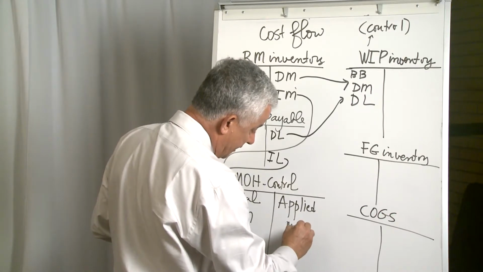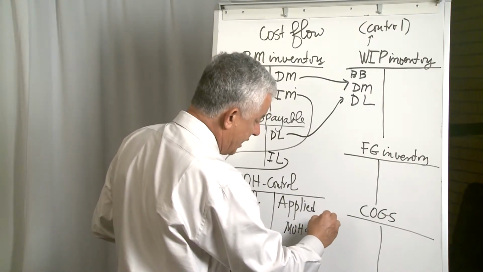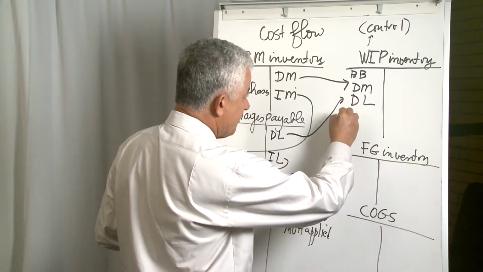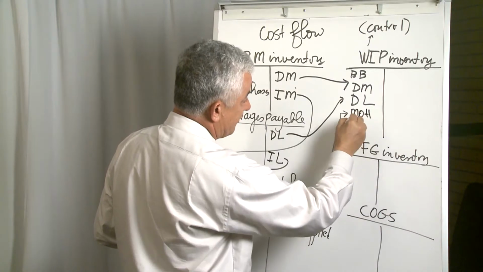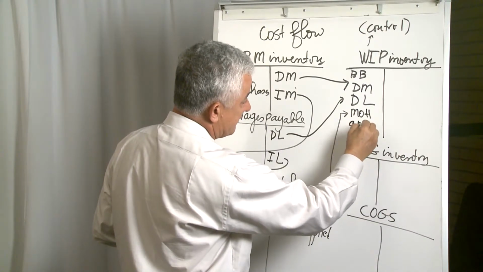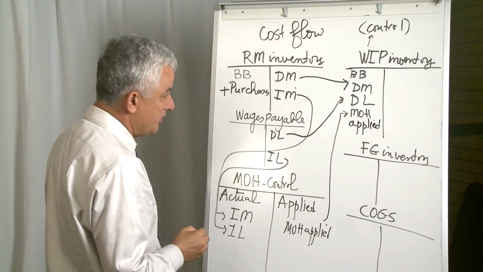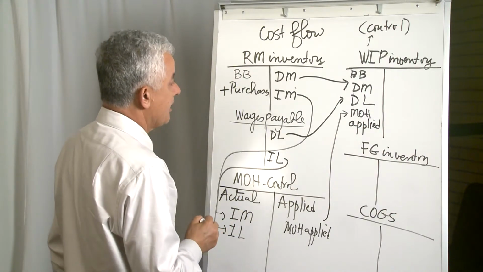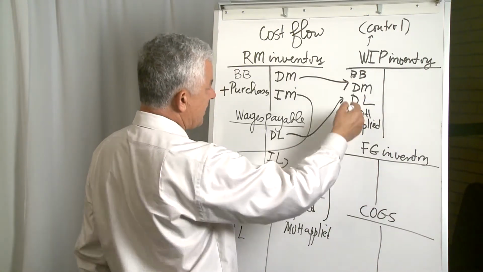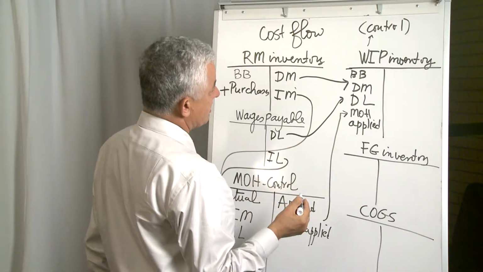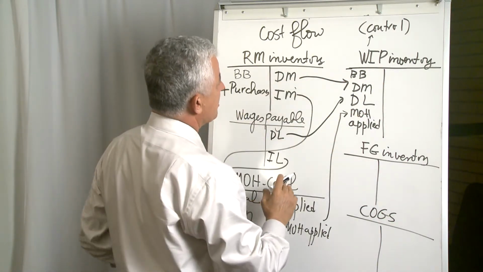Manufacturing overhead applied using an allocation base, as we have seen in chapter 4. Now, this is the work in process, which parallels the production stage, transforming the raw material into finished goods.